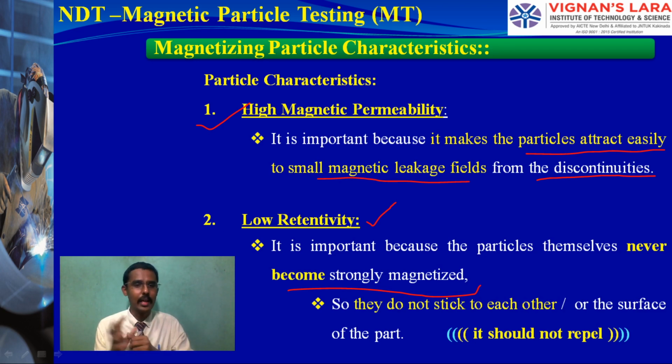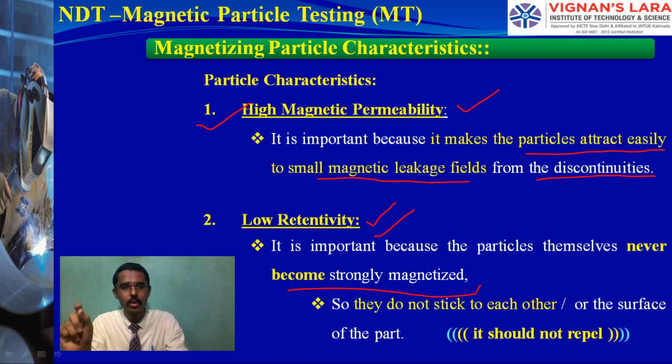They are attracted by the magnetic field on the surface of the parts. It means it should not repel; it should strongly attract. Therefore, it should have a strong ability of magnetization. So this is about high magnetic permeability and low retentivity. Low retentivity means repulsion should not be there. That is why I am calling this a low retention property, low repulsion property.